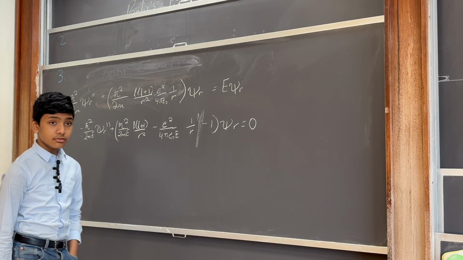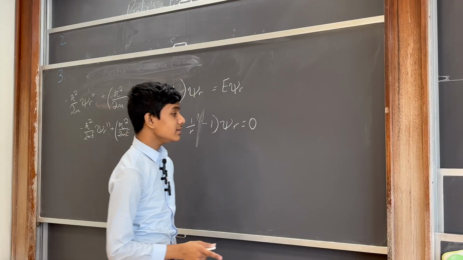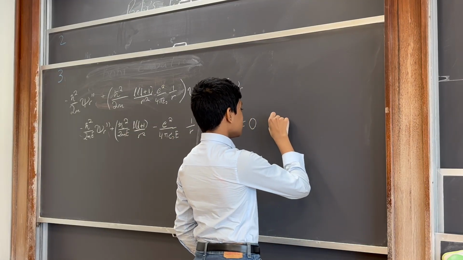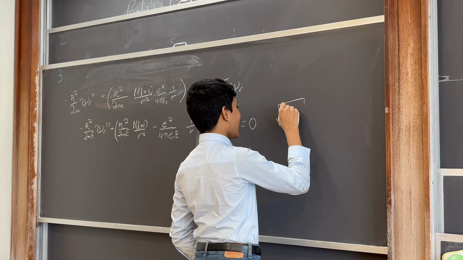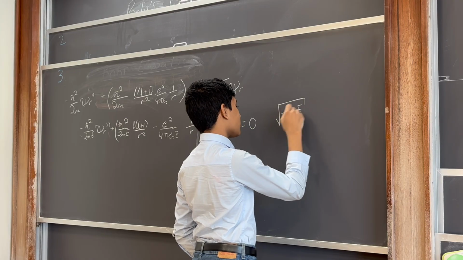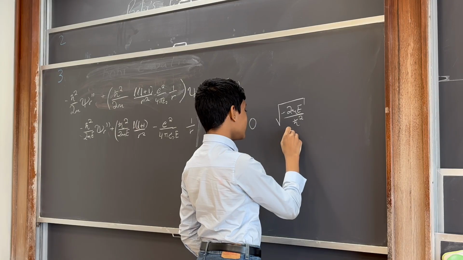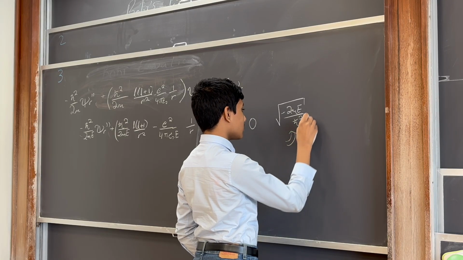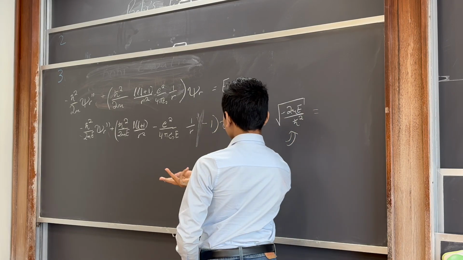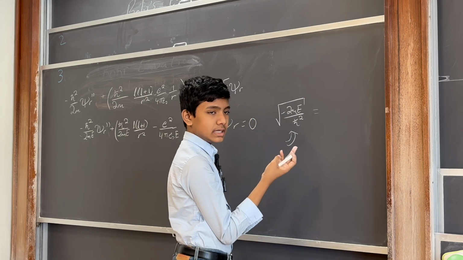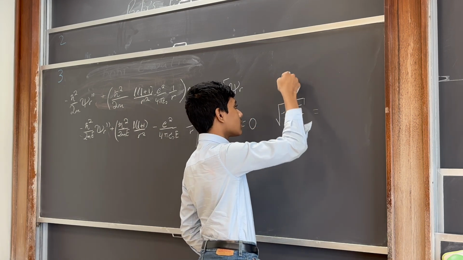Now what I'm going to do is substitute in the square root of minus 2mE over h bar squared. You see, this guy right here pops up a lot of the time. And you might say, well, isn't this complex?